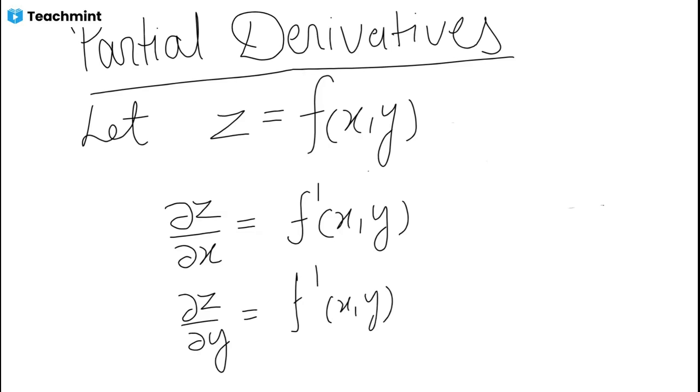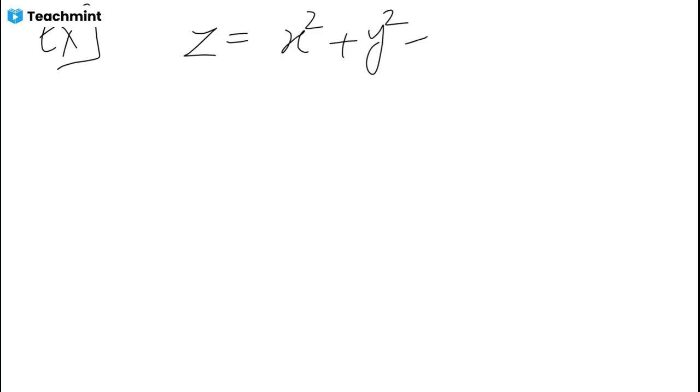This is the standard form. Let us learn by using a function. For example, we have the function z is equal to x square plus y square plus 2xy, and we need to find the partial derivative. Remember one thing: when we differentiate with respect to x, we consider y as a constant.